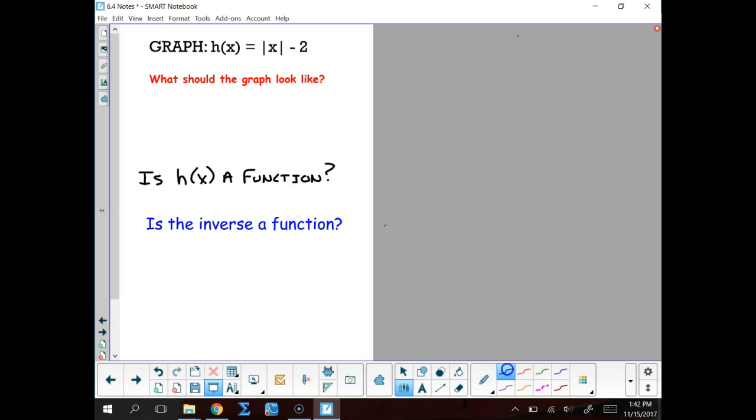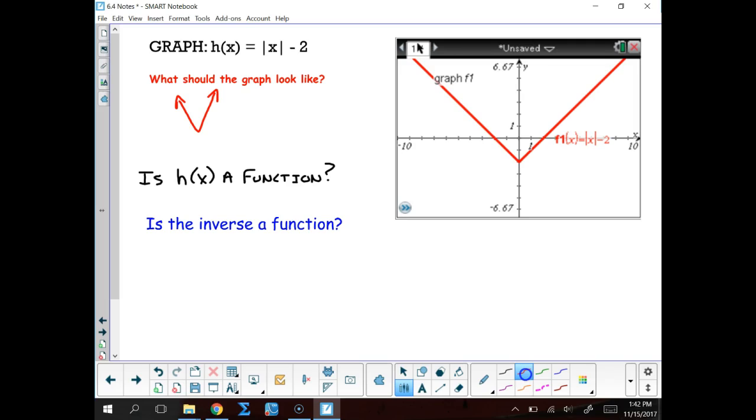A V or a mountaintop? A V. Okay, because it's an absolute value, so it should look like a V. All right. Is h a function? H is a function. Oops, I put h of x. I wanted to put yes.